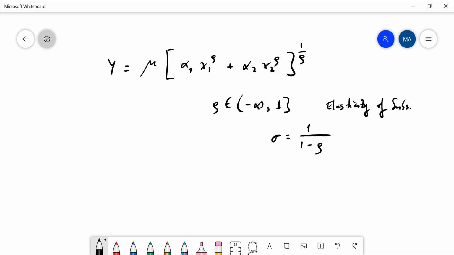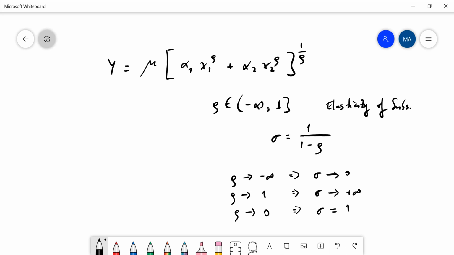If rho goes to minus infinity, then the elasticity goes to 0, so there is no substitution. If rho goes to 1, then the elasticity goes to positive infinity, so it is the maximum elasticity. If rho goes to 0, then sigma goes to 1.